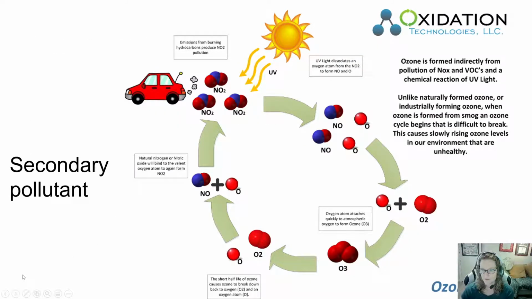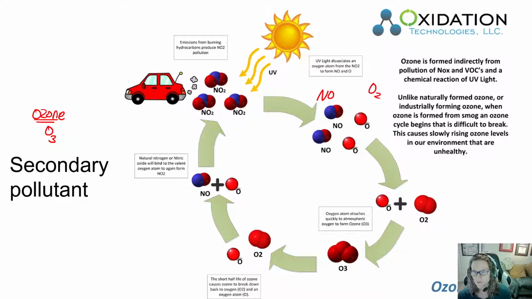Okay, so here's a graphic of how ozone gets formed. Again, ozone, O3, is a secondary pollutant, which means it has to undergo this chemical reaction to form. It doesn't just come out of a tailpipe. What happens is you've got these NO molecules, nitrogen oxide molecules, and there are these free radical oxygens.